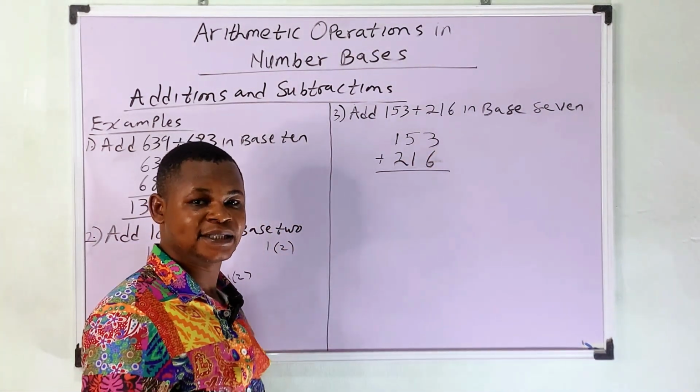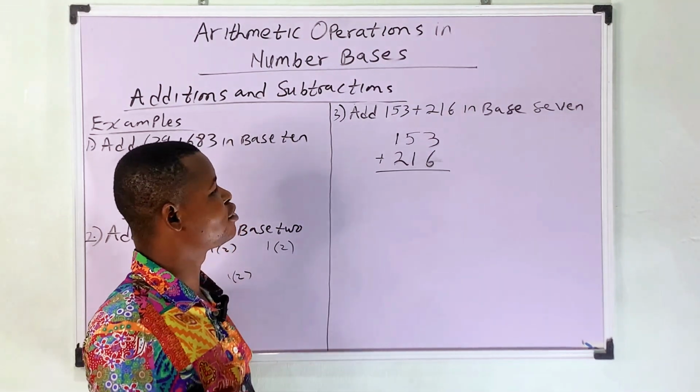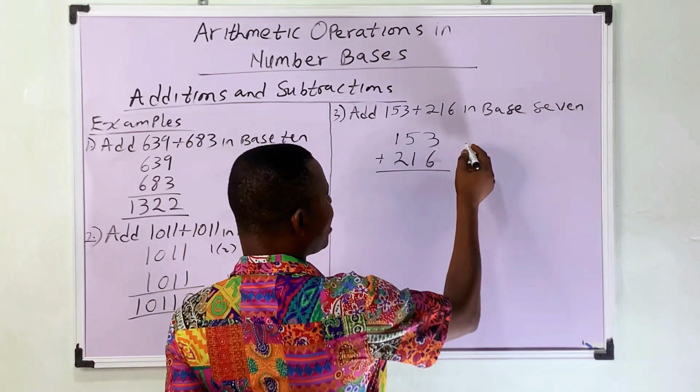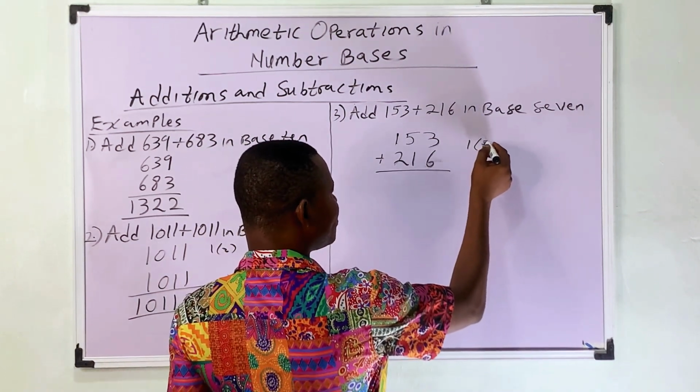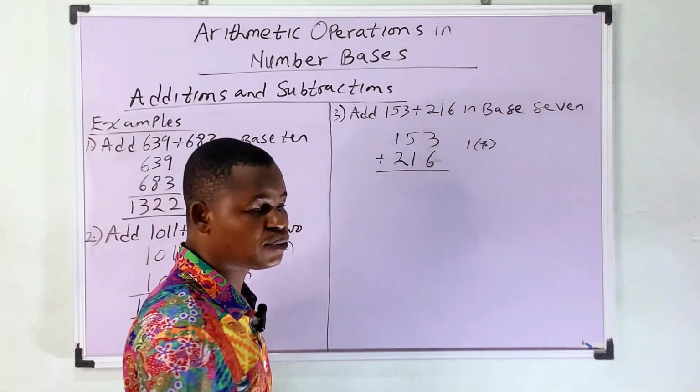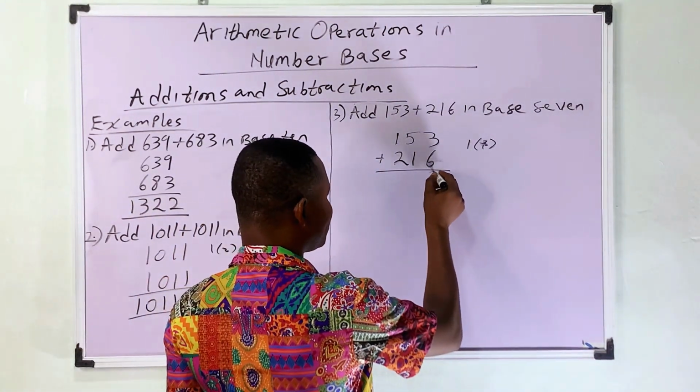That exceeds the threshold of digits we could find in base 7. That means we have one set of 7. So when we deduct 7 from 9, what do we have left? 2. The remainder is what we're going to write here, which is 2.